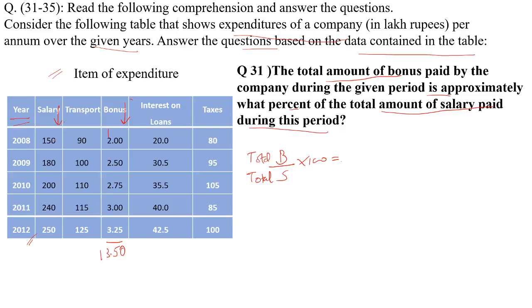And the salary, you will add again: 5 plus 8, 13, 13 plus 4, 17, 17 plus 5, 22, 2 carry, there are 4 twos, that will be 12, 12 plus 2 is 14.